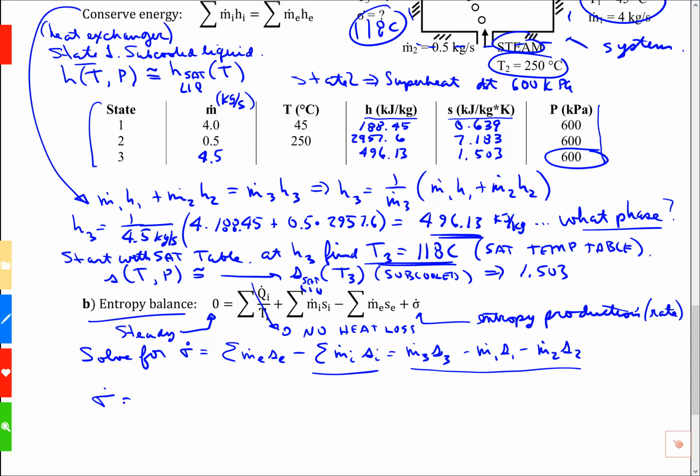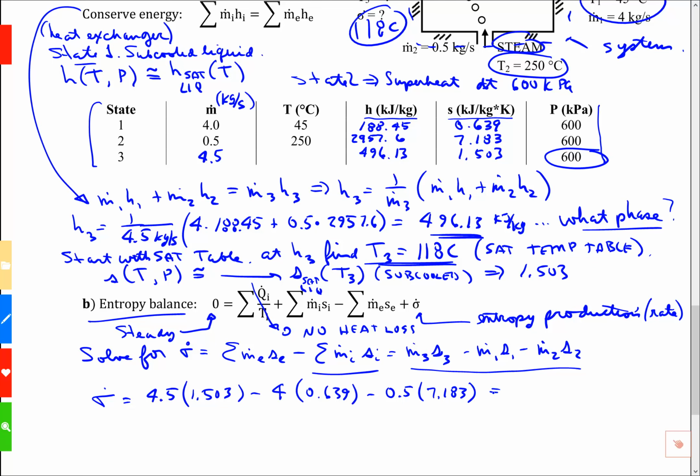So my sigma dot is going to be pulling values from the table. M dot 3 is 4.5. S3 is 1.503. I've got 4 for m dot 1 times S1 is 0.639, and I've got m dot 2 is 0.5, and S1 is 7.183.